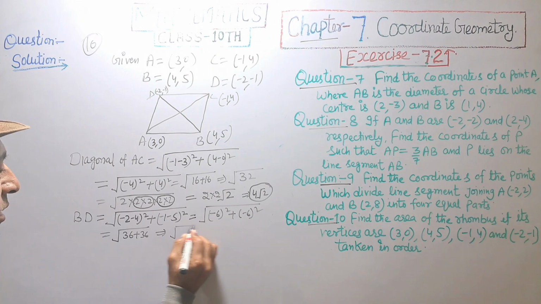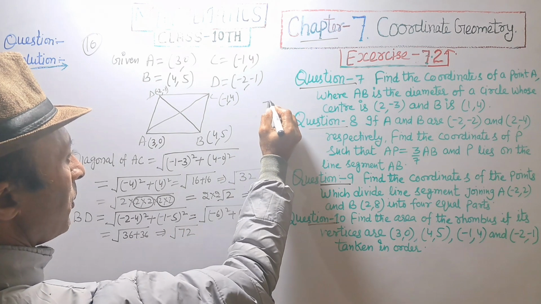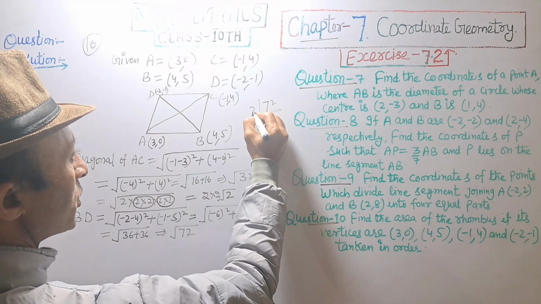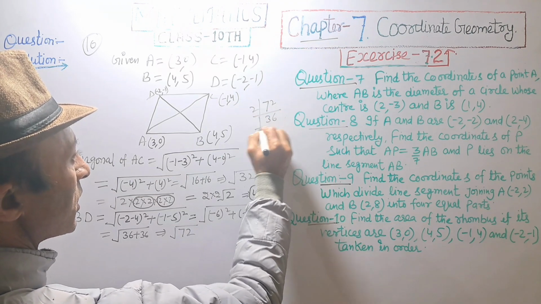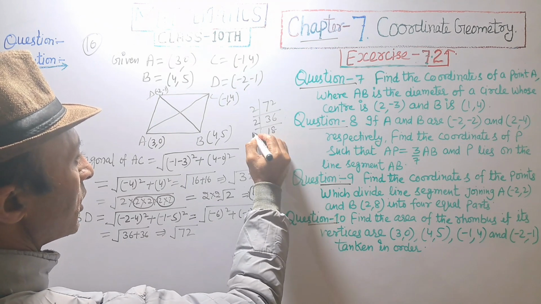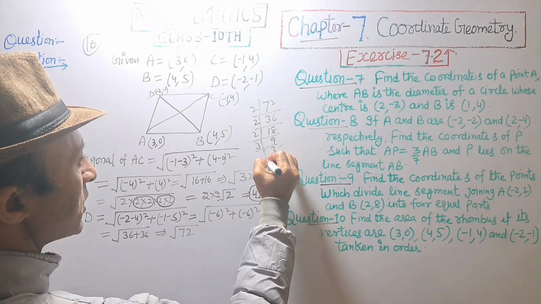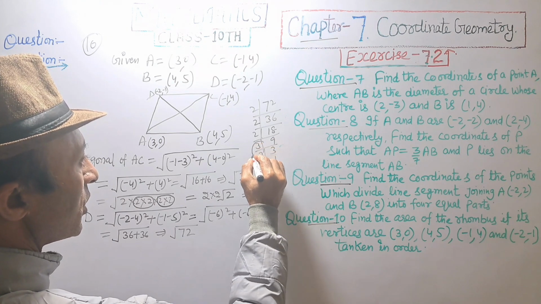36 plus 36 equals 72, and the prime factorization of 72 is 2 36, 2 18, 2 9, 3 3, 3 3s are 9, 3 1.